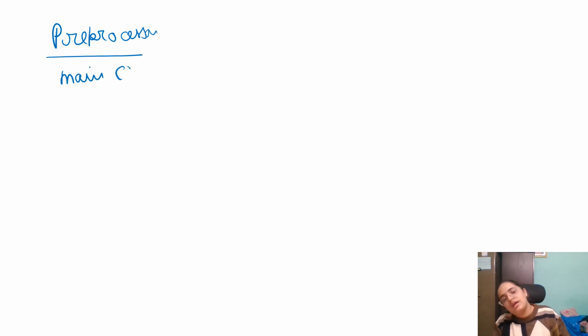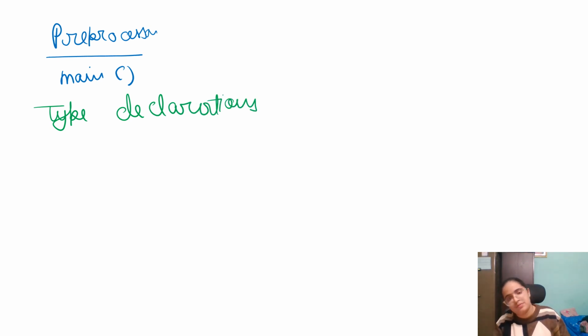But before using scanf, I'll tell you the most basic things that are being used in the code. So first we'll write our preprocessor. Then we write our int main function. And then what we write is our type declarations. Now what are type declarations?